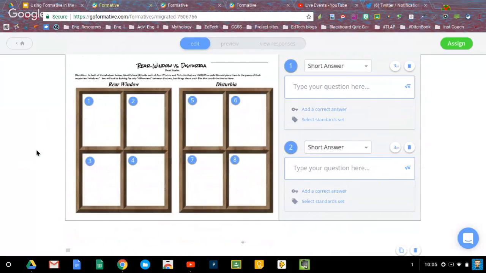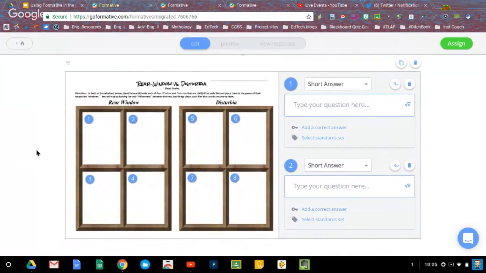So I devised this graphic organizer where the kids would compare and contrast Rear Window to Disturbia as they watched the two films. I asked them to put in something unique or something that jumped out at them about each film, and they put them into these little window panes on my graphic organizer.